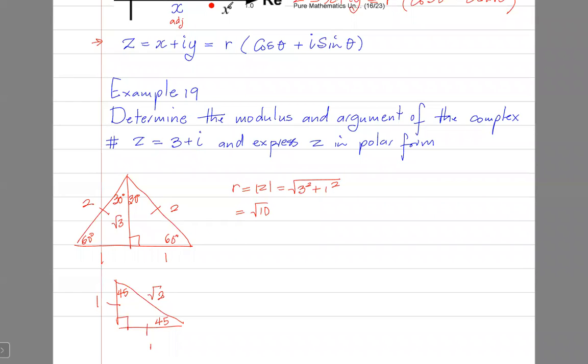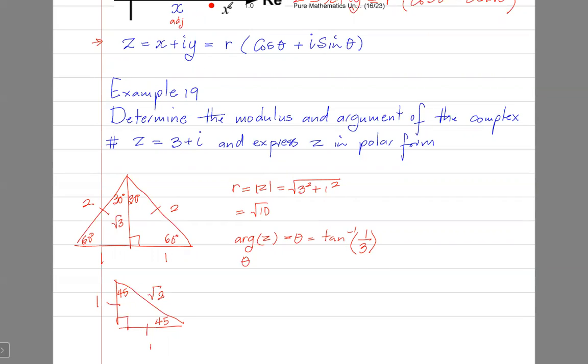Now, the argument of z is theta, equal to tan inverse of imaginary over real, so 1 over 3. The point (3, 1) is in the first quadrant, so the argument is just tan inverse.